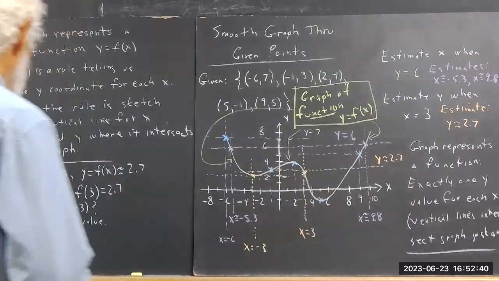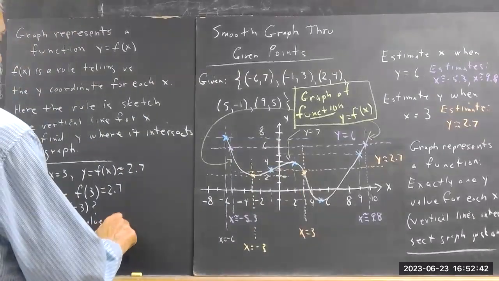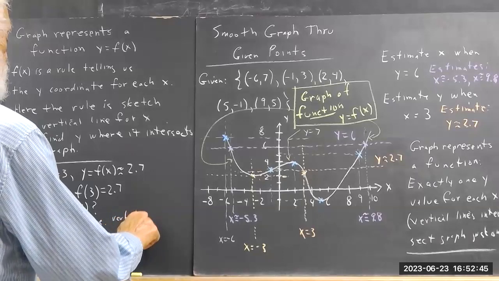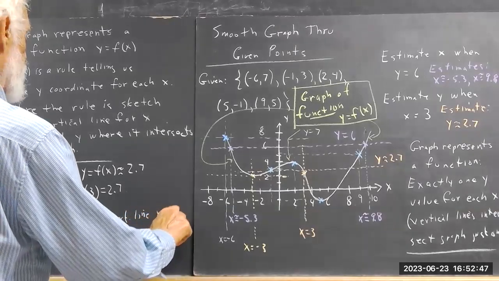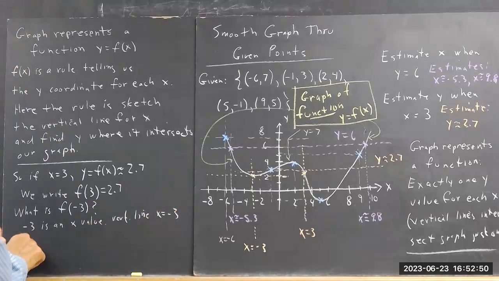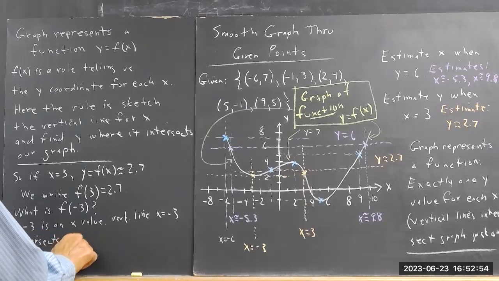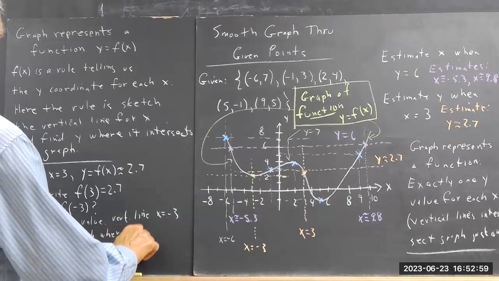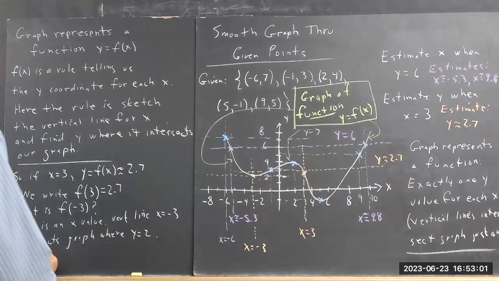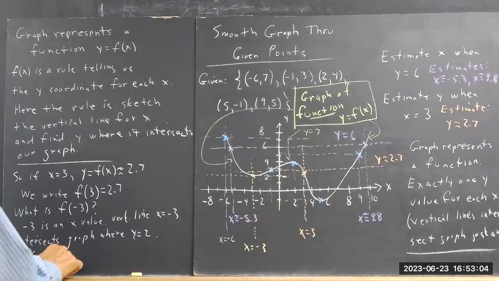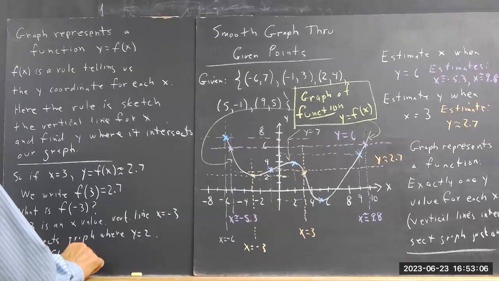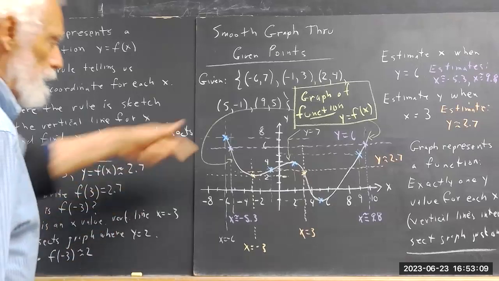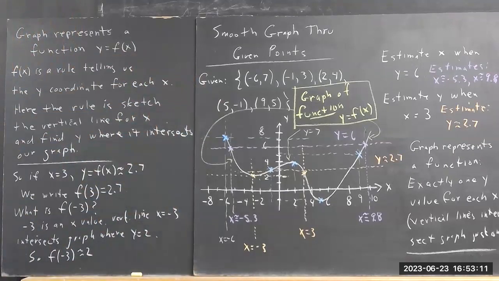So the vertical line x equals -3 intersects the graph at y equals 2. So f of -3 is approximately equal, this is a graph, these lines aren't perfect, but it's pretty darn close to 2. It's approximately 2.